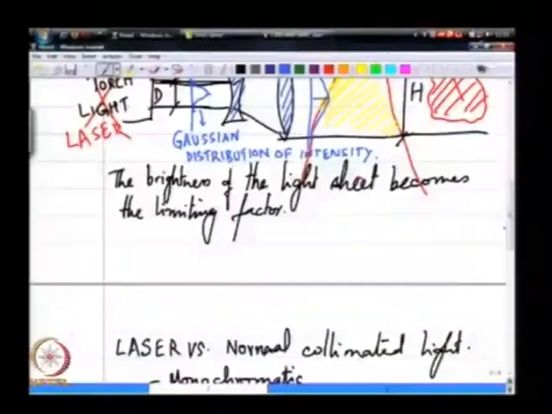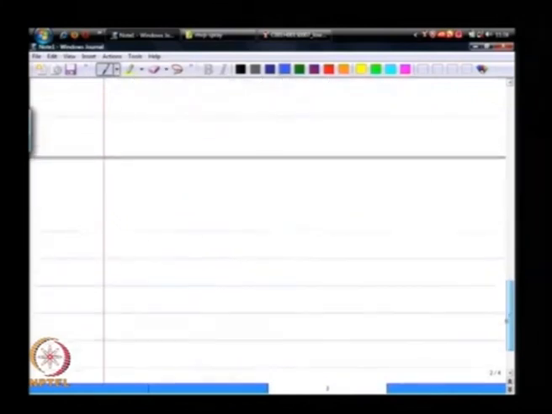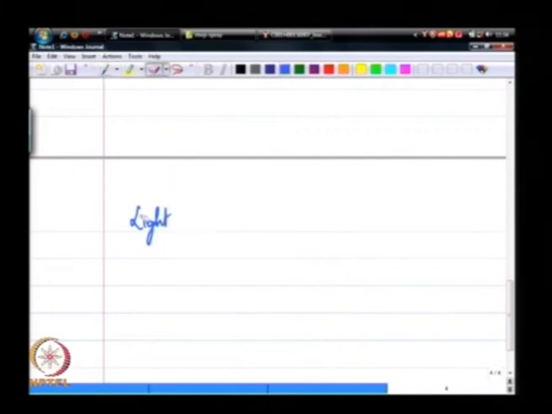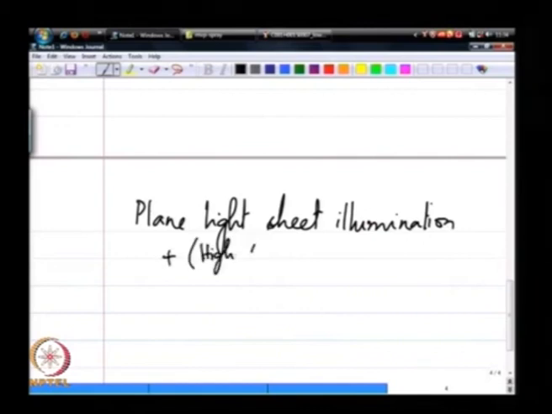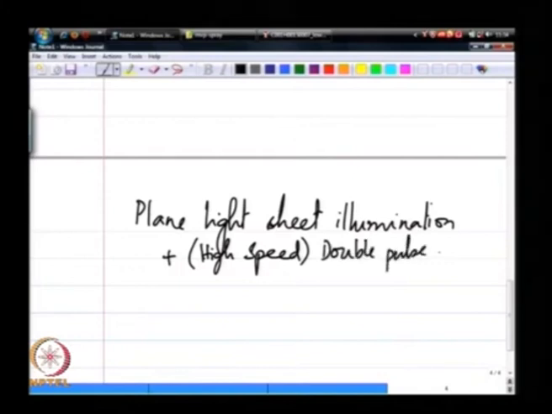So, the solution to this is to use a light sheet, a plane light sheet, illumination plus let us say a high speed, or I put high speed in parentheses, but a high speed is not necessary, but what is necessary is a double pulse camera.